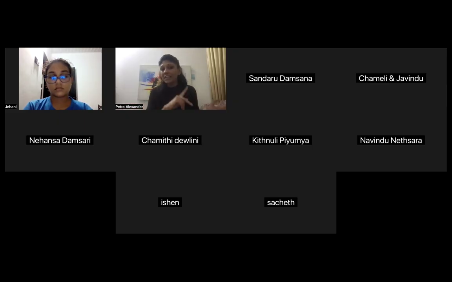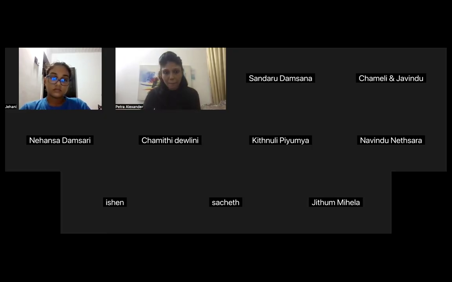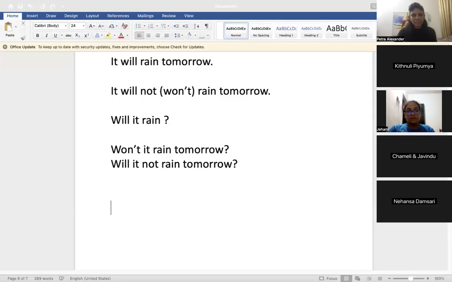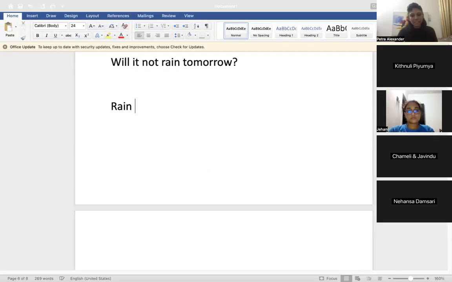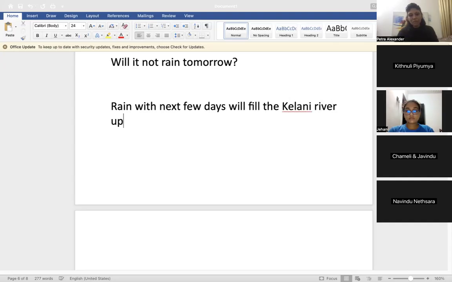Or else you can use the other way, the rain within the next few days. Like this: rain within the next few days will fill the Kalani River up to its spill level.